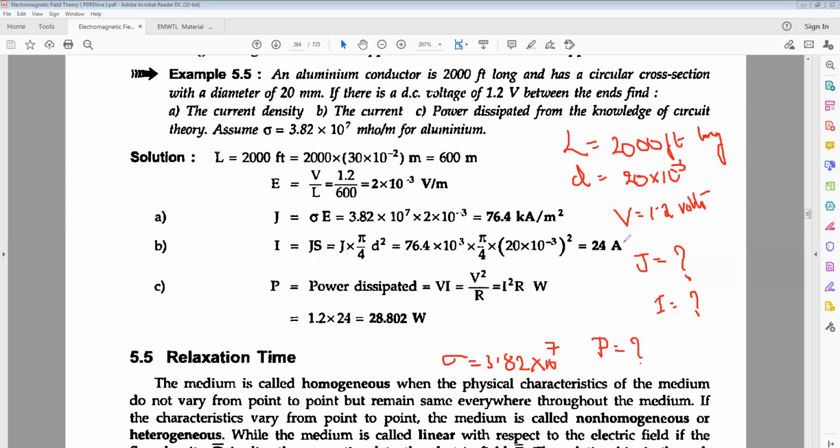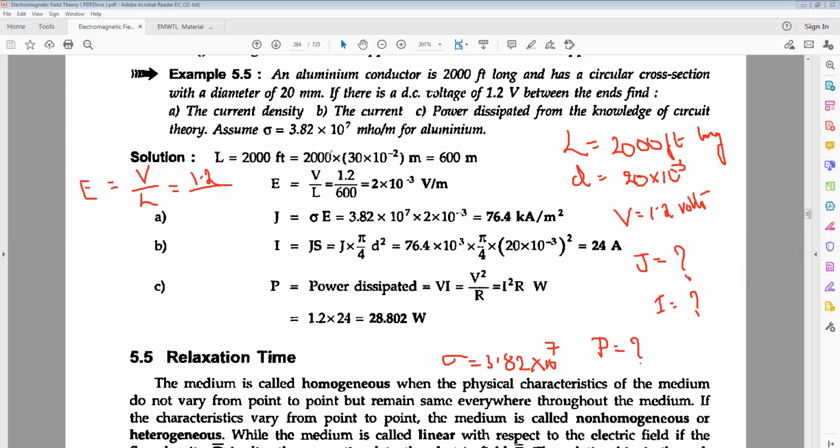Using these relations, J, and L and D are given, means E is equal to the formula we already have. The voltage is applied to the conductor with the length of the conductor L. The electric field E is equal to applied voltage by the length of the conductor, V by L. What is V? 1.2 volts. And the length in terms of feet is given, but it is converted to meters.